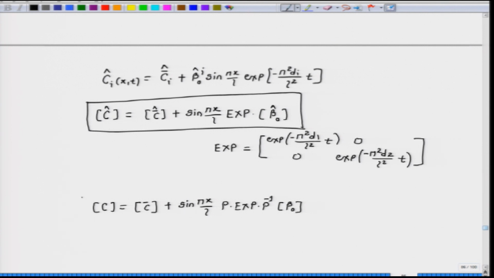And this is the solution that we have got for homogenization in an n component alloy, for which the initial concentration profile was represented by the sinusoidal form.